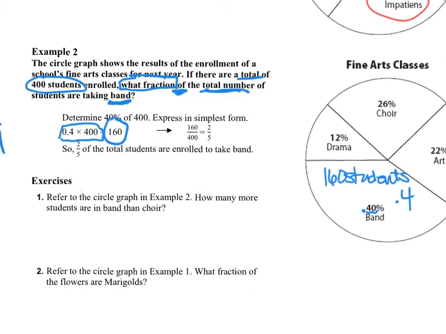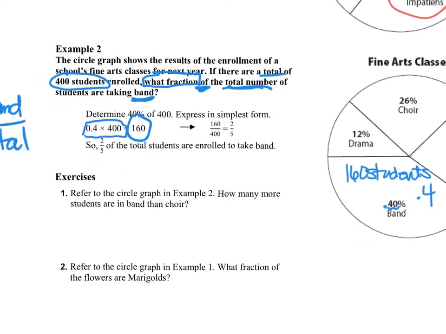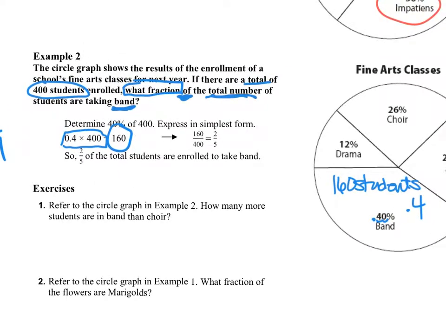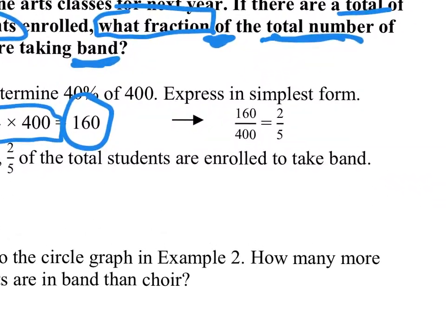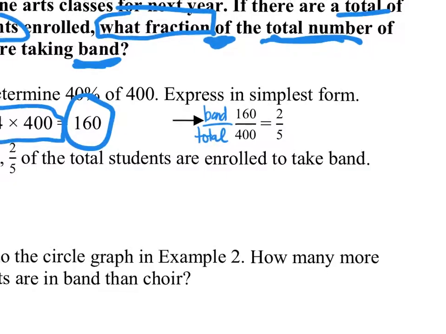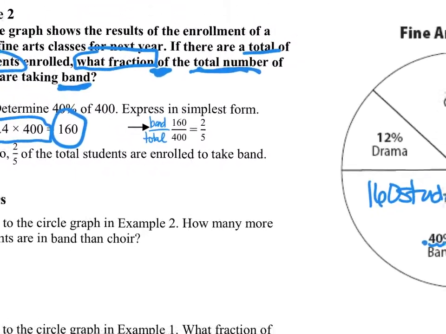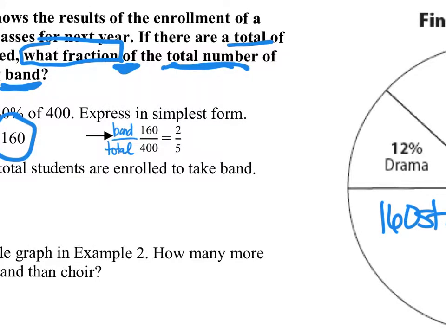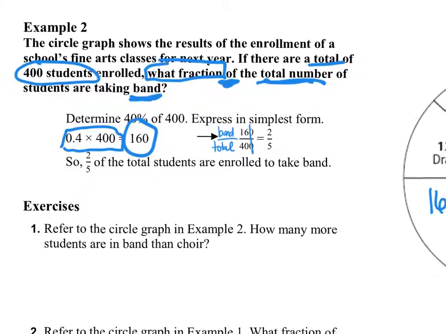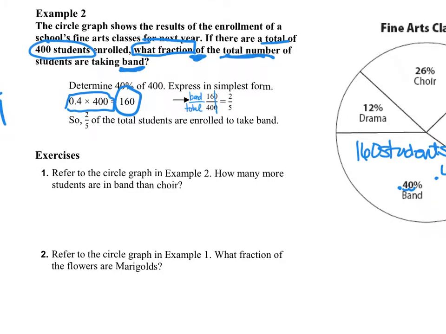Now you have to turn that into a fraction. Band over the total, so 160 kids are taking band out of the total 400, and reduced down it's 2/5. So 2/5 of the total students are enrolled in band.